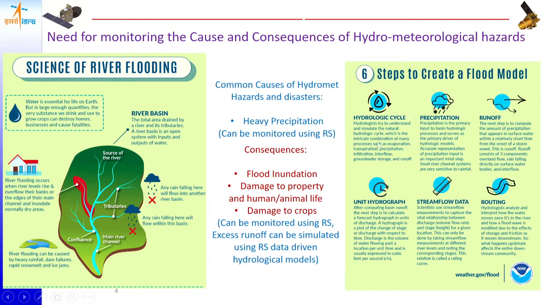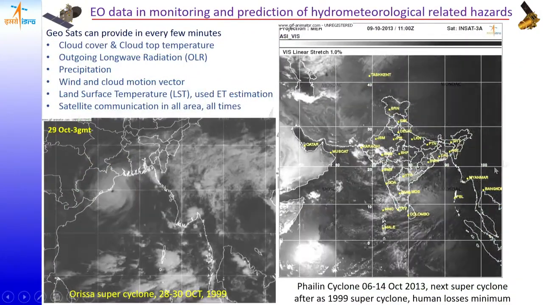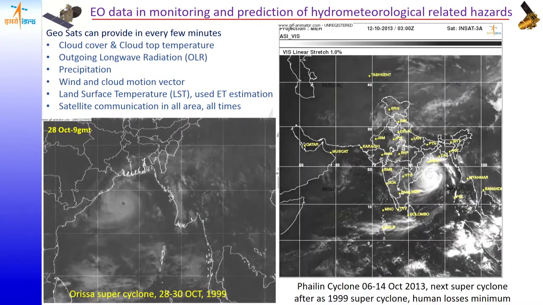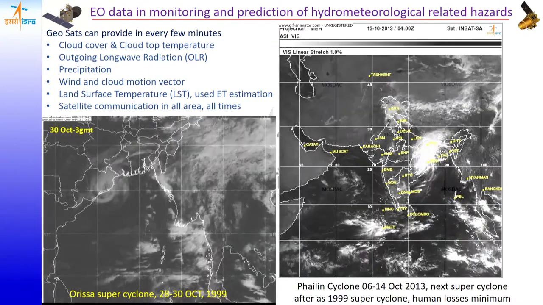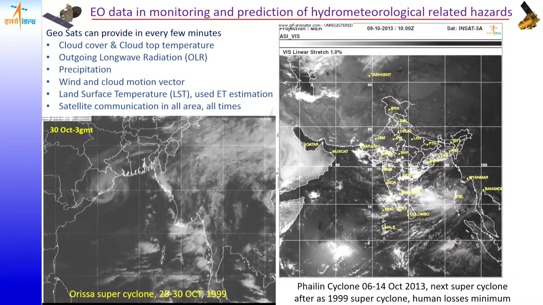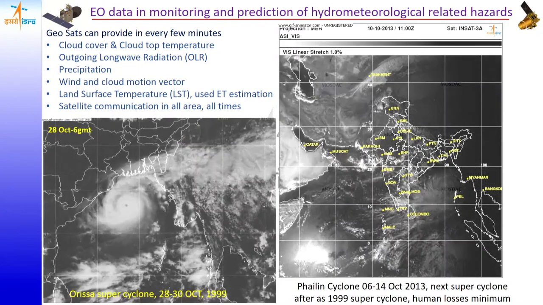And I will come back to this particular point, how we create the flood model, especially which is being used for the flood forecasting systems which are running at global, regional, and local scales. Now, if we see the progress, I will start with the cyclones, because this particular hydrometeorological hazard is known to recur in a particular window.